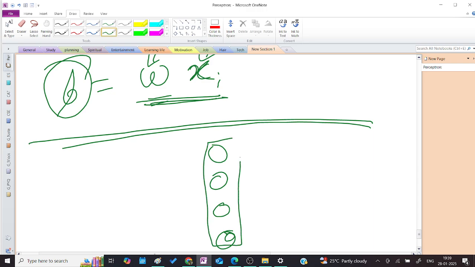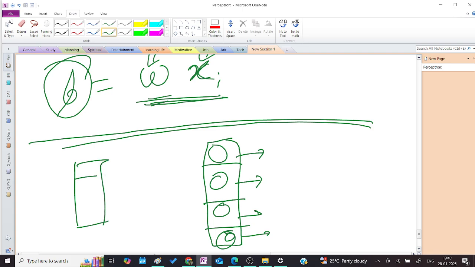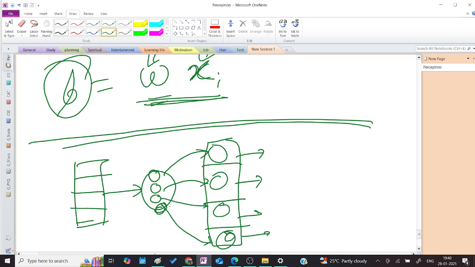Suppose there are 4 perceptrons, so the output will also be 4. Suppose this is our input. We feed it to our perceptrons, consisting of four perceptrons, and it is giving four outputs, right?